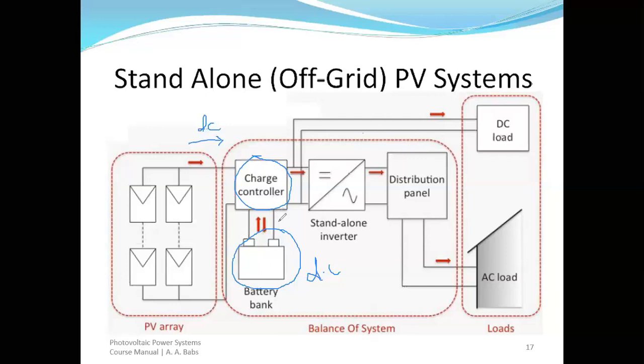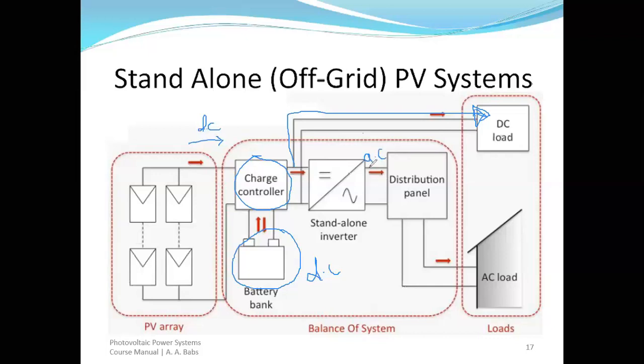Before we convert the DC energy to AC energy, we can divert a portion of the DC energy to the DC load if we have DC loads that we want to meet. And then we move a portion of the DC electrical energy through the standalone inverter that converts it to AC electrical energy.